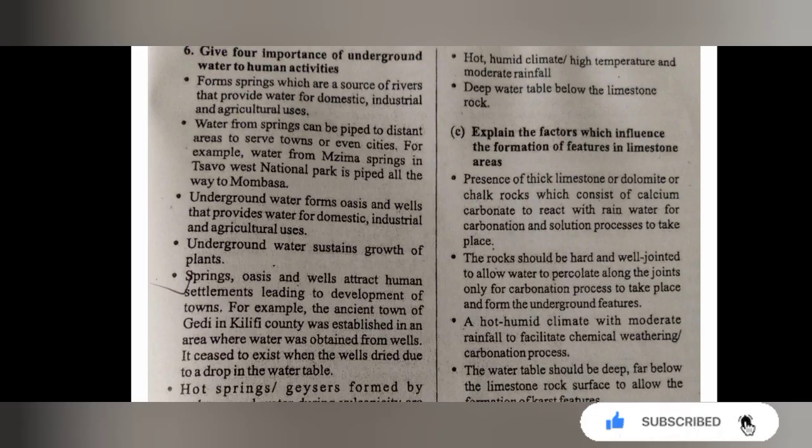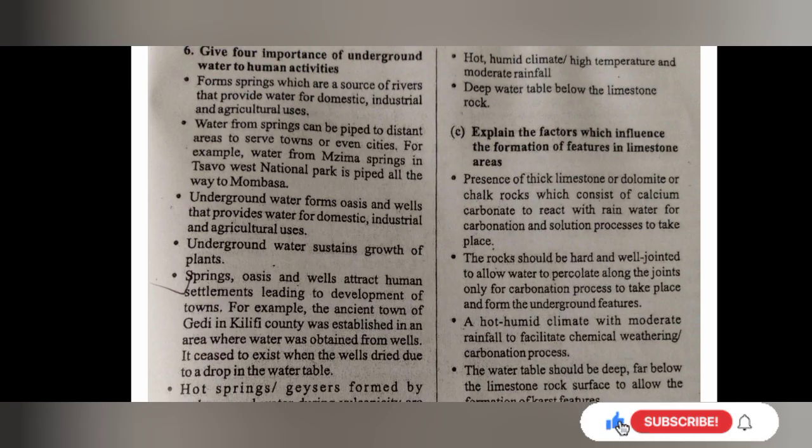I think that one is easier to understand. So the water that we get from this spring, we use at home for domestic purposes. Some we use in the industry for processing, and agriculture maybe for irrigation, also for mixing of chemicals and whatever process that water can be used for in either of these places.